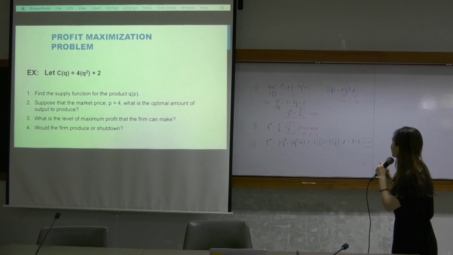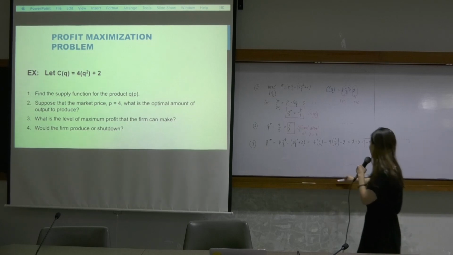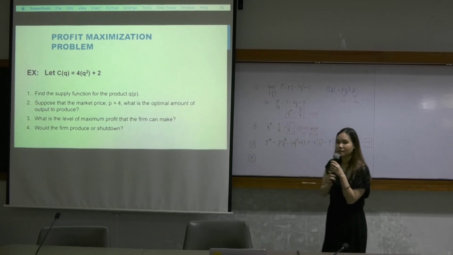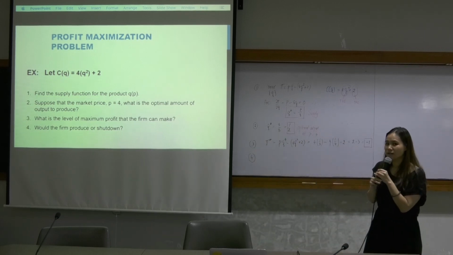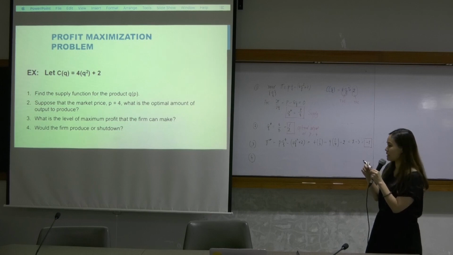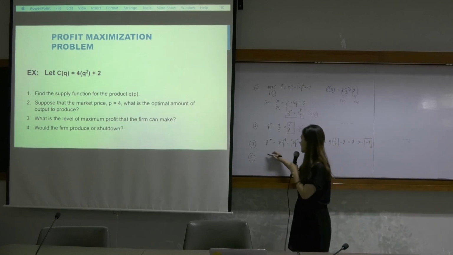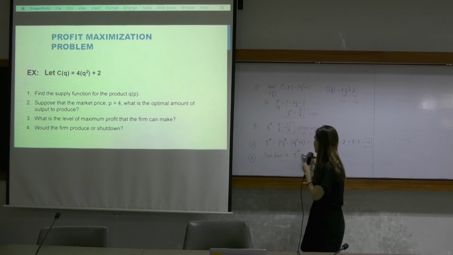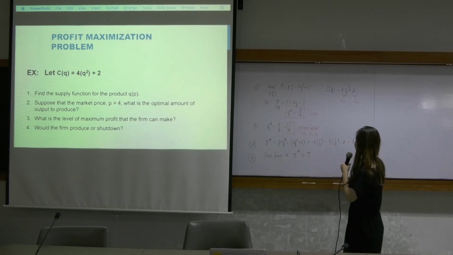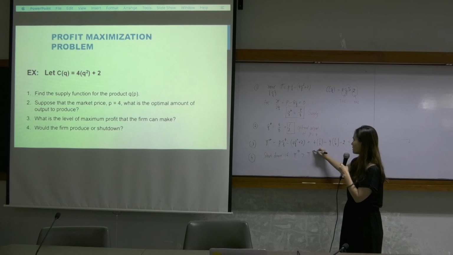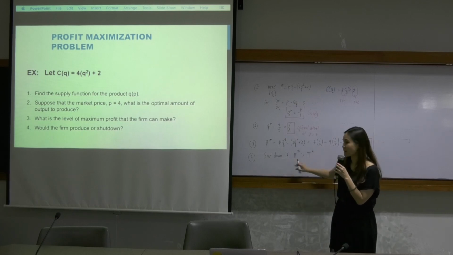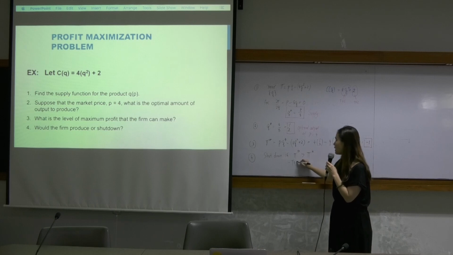And if I know that the total fixed cost is 2, how do I make the short run shutdown decision? If you still remember, the firm should shut down if pi shutdown is bigger than pi produce. So if you shut down, what do you get? Negative total fixed cost.